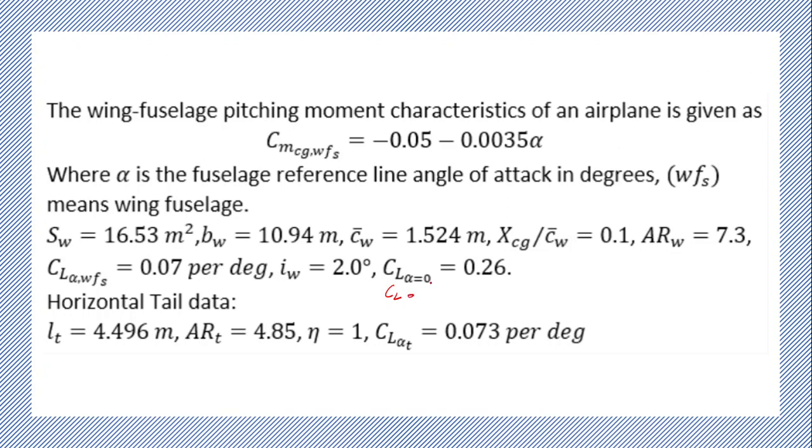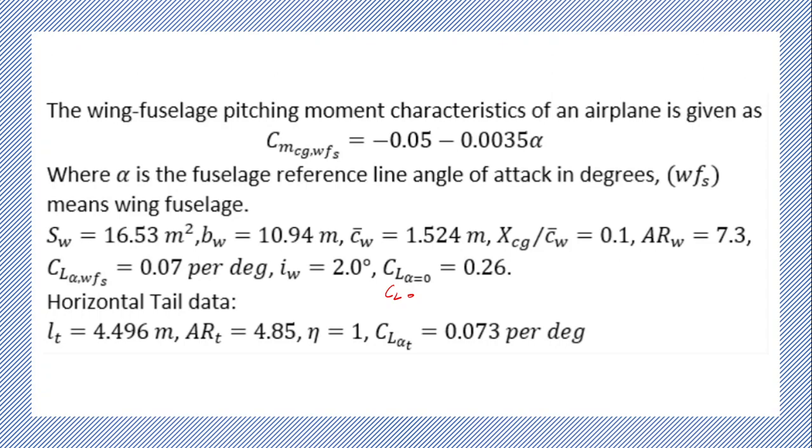Then they've given you horizontal tail data. They've given you the tail moment arm, aspect ratio of the tail, efficiency factor. Tail efficiency factor 1, what does it mean? Correct. Okay. And they've also given you CL alpha of the tail. Okay.